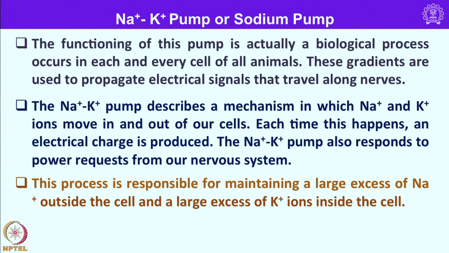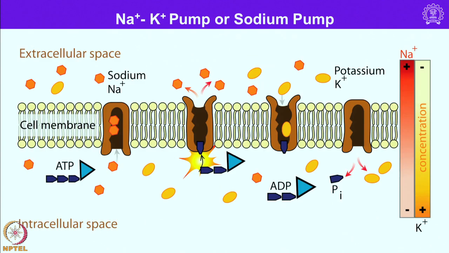So, the pumping process is responsible for maintaining a large excess of sodium plus ions outside the cell and a large excess of potassium ions inside the cell, that you can see in the diagram I have shown here.